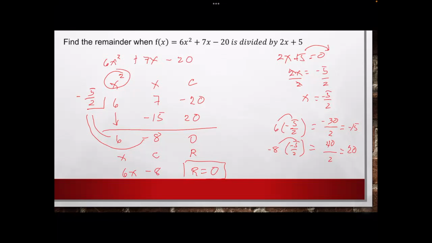Okay, so, yes, Anton. What's your question? Hindi na po siya i-divide ulit ng 2? Alin? Yung 6x at saka negative 8. No need. Kasi yan yung sagot natin eh.